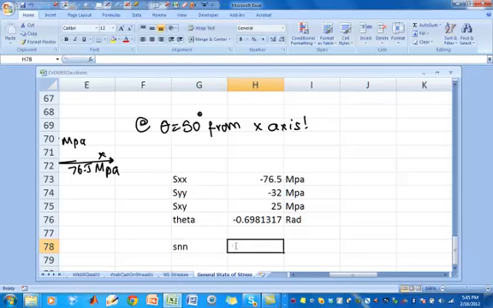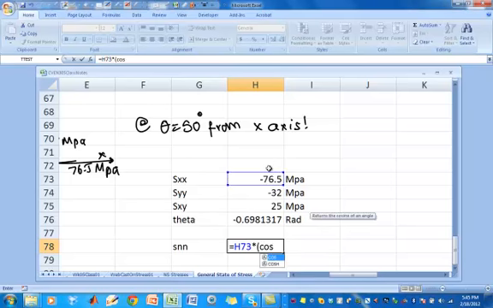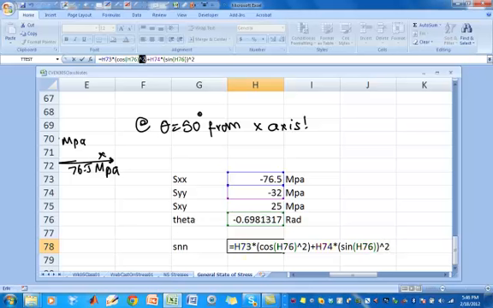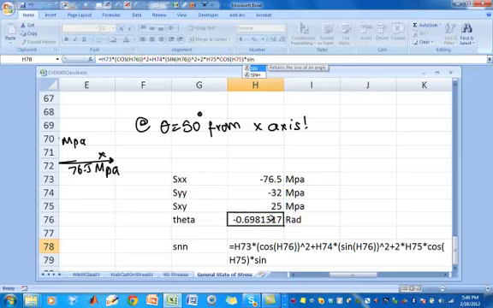Snn equals, our massive formula, it is Sxx times cos of this squared, plus Syy times sine of this squared, plus 2 times Sxy times cos of this times sine of this.